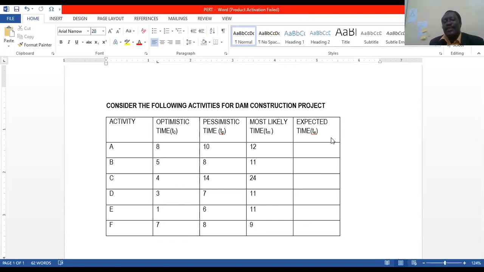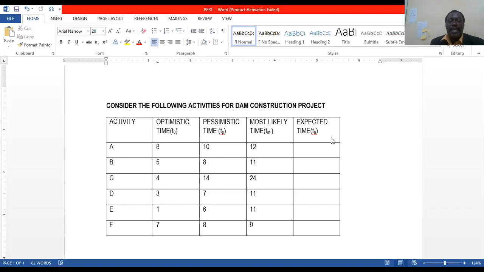You have taken into consideration the probability: the optimistic time that you are likely to do under favorable conditions, what about in a worst scenario, and what about under normal conditions? How long will it take?